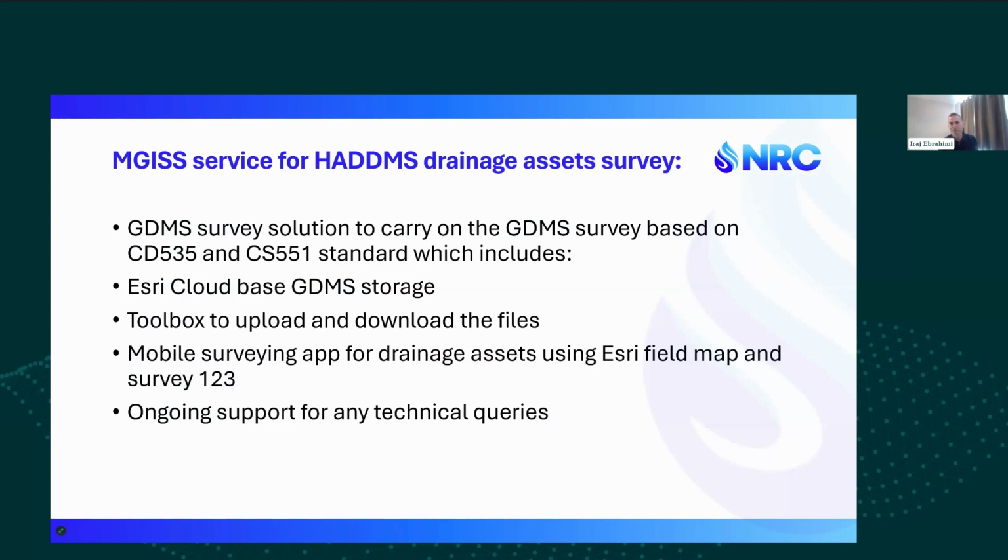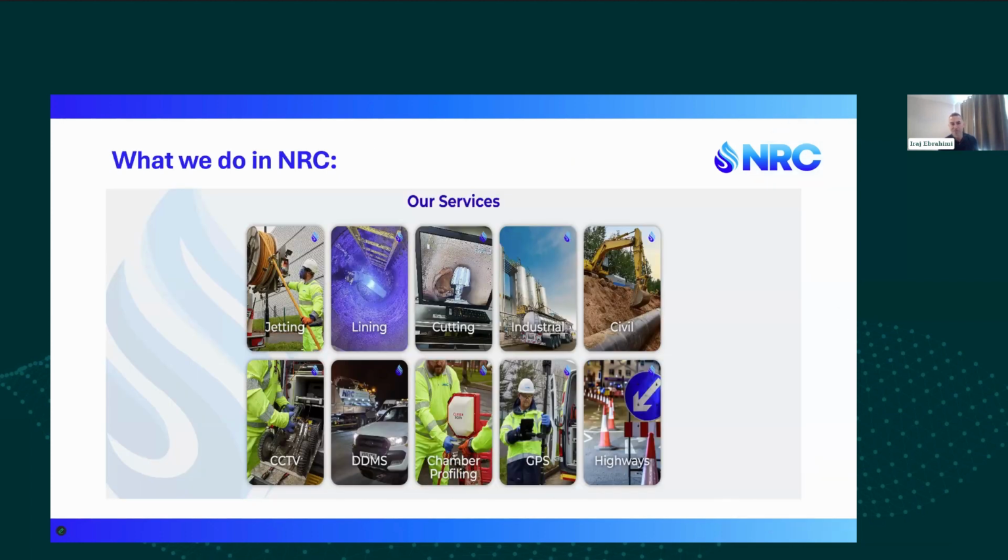If you can go back to the slide, please, Darius. So in NRC, we provide different sorts of services, which includes jetting and lining. Some of these services are beneficial for companies that don't want to do the digging, and it's just like patching and other things. We also have the industrial division that can deal with industrial waste management.